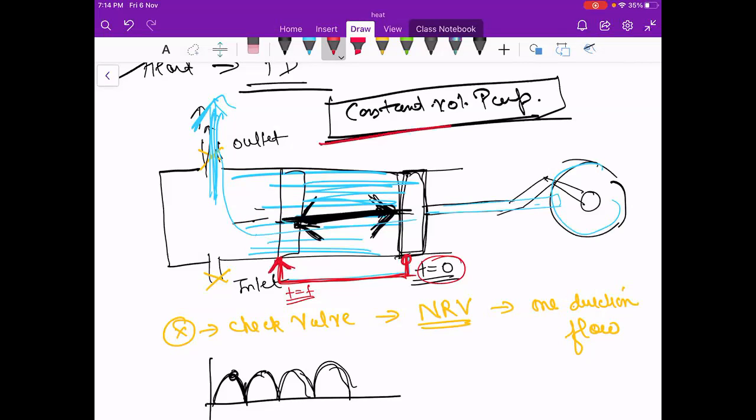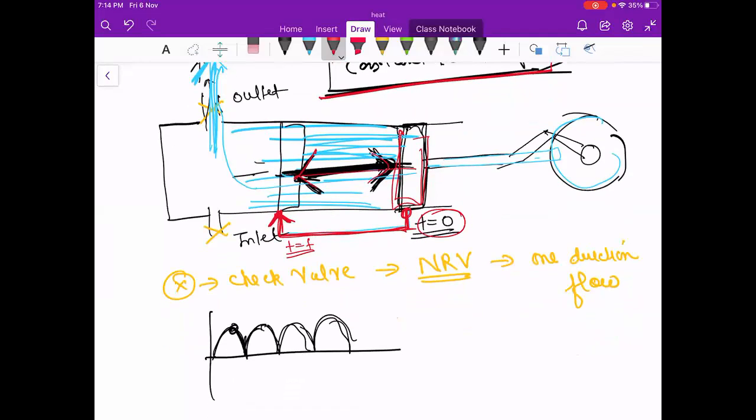That is why this is known as constant volume pump. It means for every piston displacement, the volume coming out of this positive displacement pump is the same. So that is why it is known as constant volume pump. No, it is not a negative displacement pump.